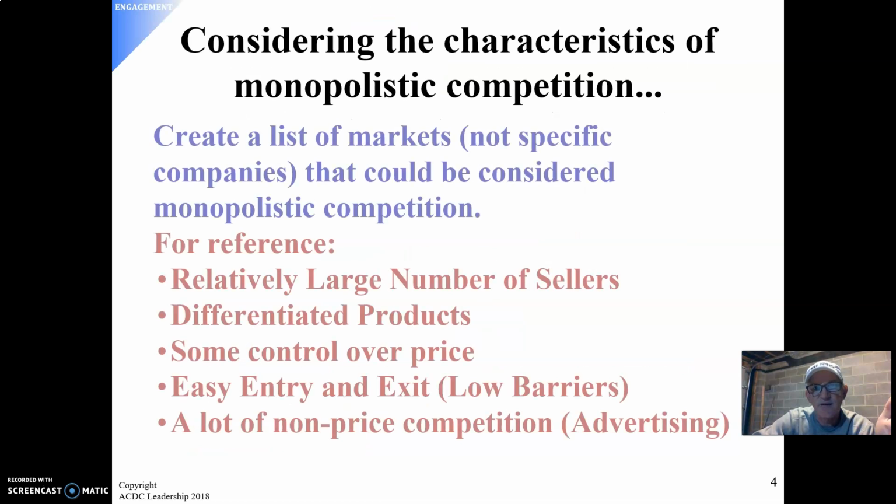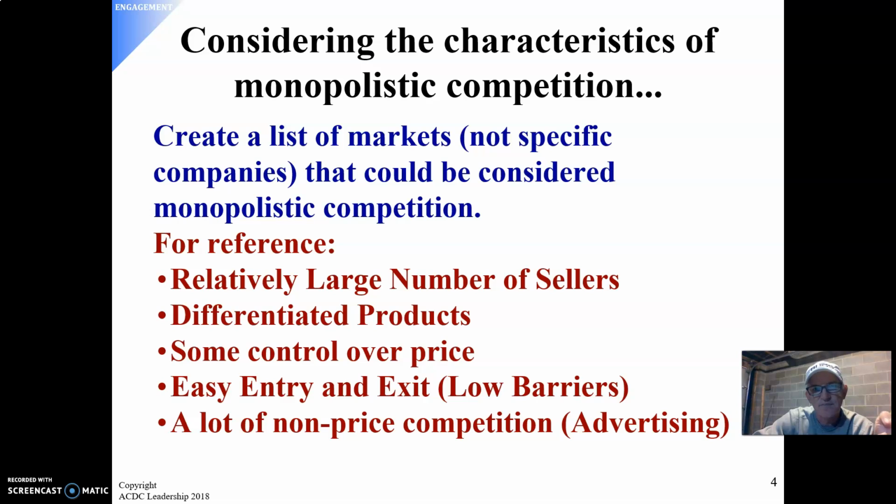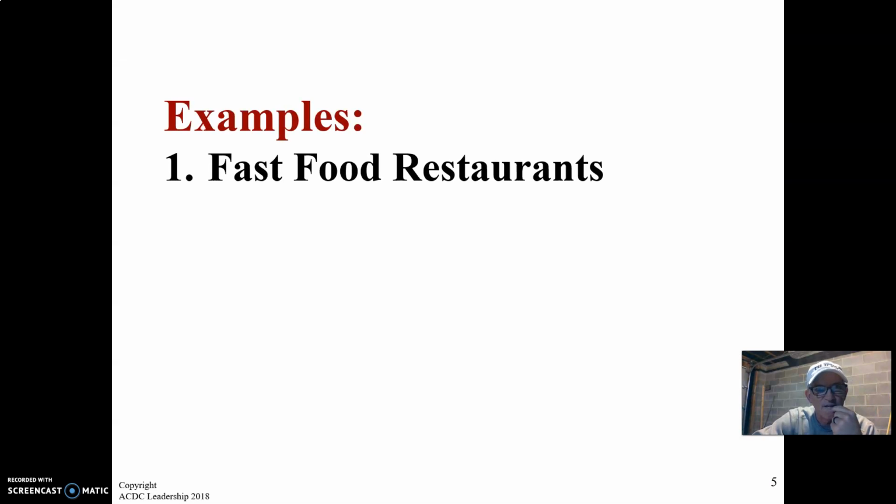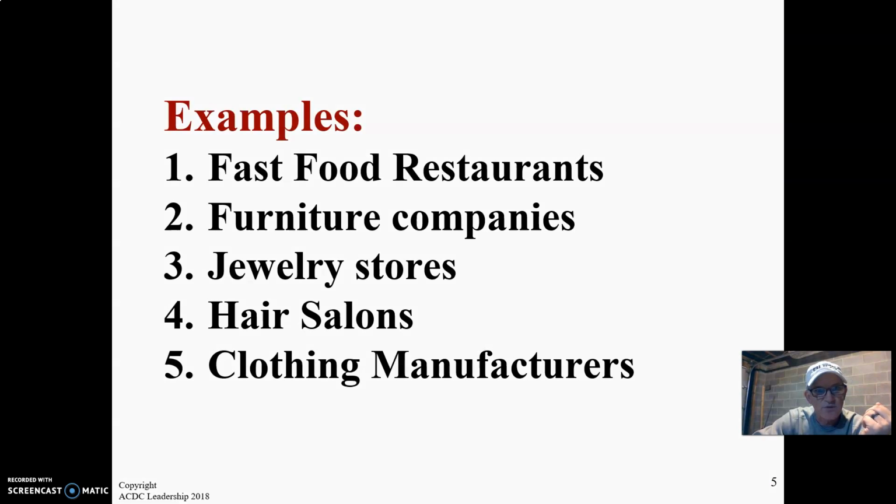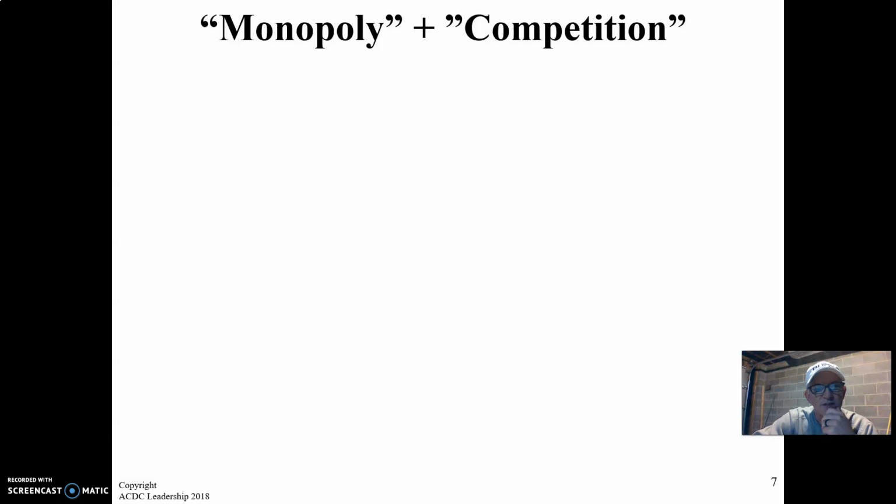So if we think about all the characteristics, this is where in class we would spend a little bit of time talking about what markets like cereal, like candy bars, that would fit into that. And so, yeah, we can kind of skip that because I already talked about that. We can probably burn on through our examples. And so, yeah, this is kind of where we want to dig in a little bit.